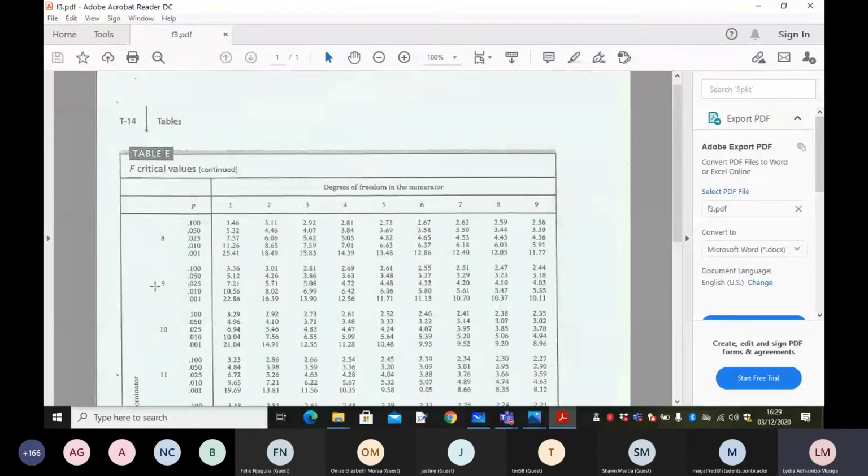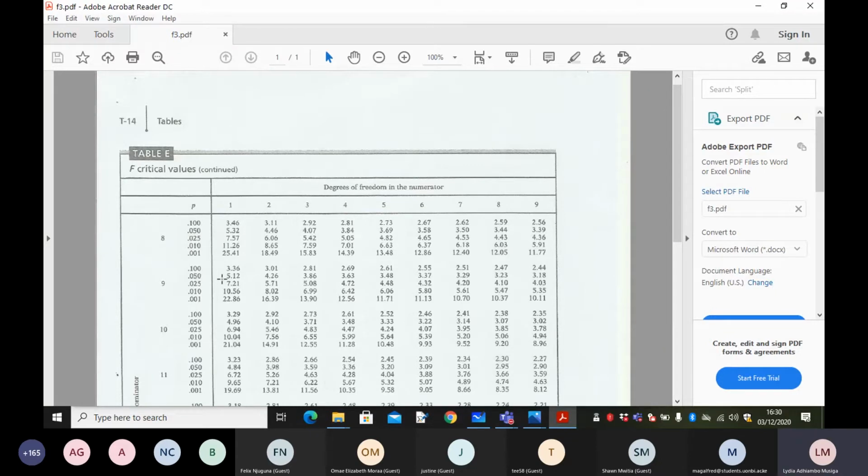When we are looking at 9 and 9, there is 9 below 8 on the left, and there is 9 at the extreme end at the top from the right. For the intersection, we look for it where we have 0.05. So starting from 9 on the left, then I can see 0.100, then 0.05.